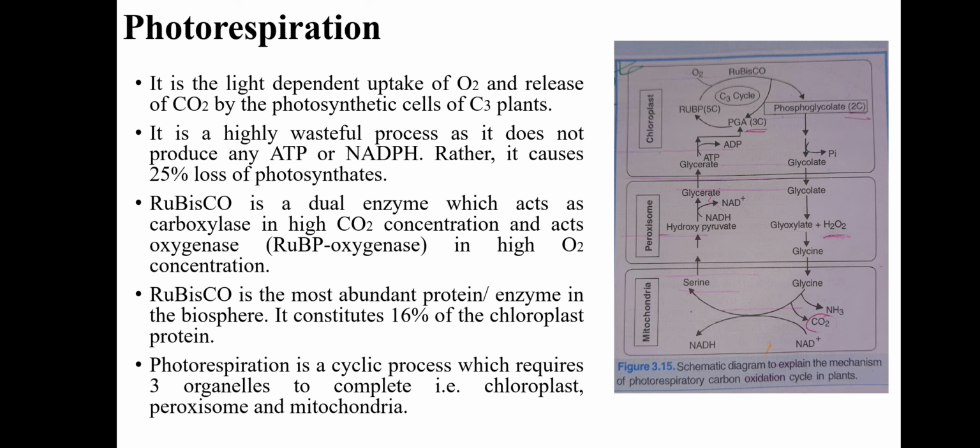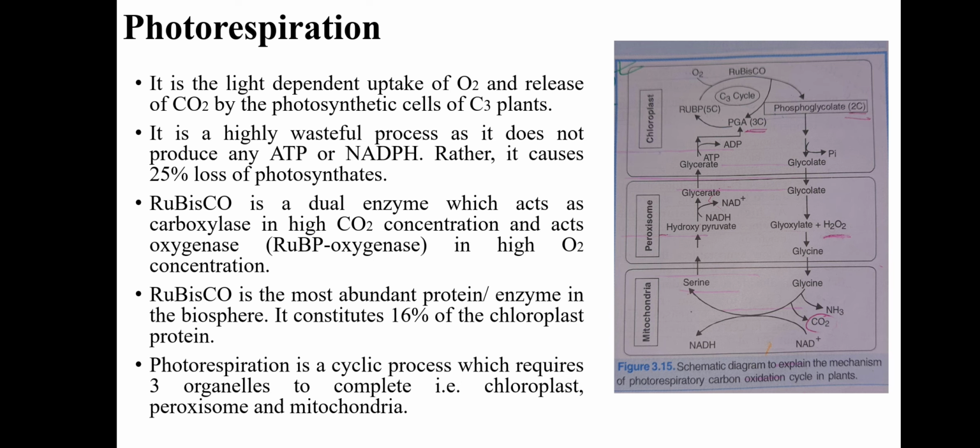Sometimes, at low carbon dioxide concentration, they absorb O2 and perform photorespiration, which is a highly wasteful process, because during photosynthesis ATP is released, energy is released, but in photorespiration two extra ATPs are consumed.